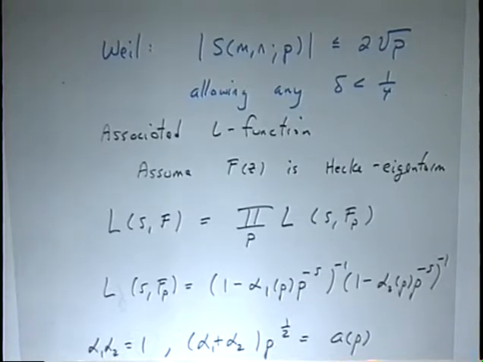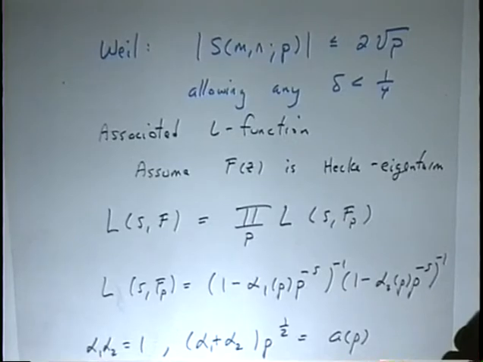Now, when you introduce the theory of L functions, as Hecke did for this type of problem, then if I assume that f is a Hecke eigenform, we can look at its L function. This is very familiar: the L function will be a product of local L functions, and in this case it's a degree 2 L function.